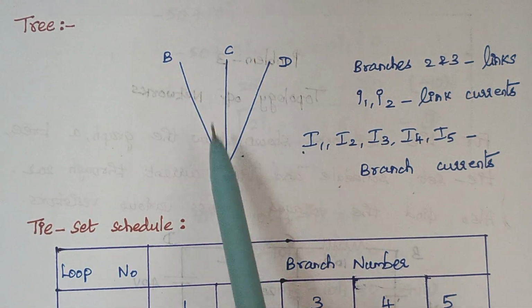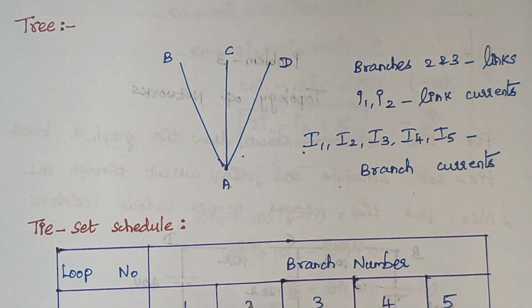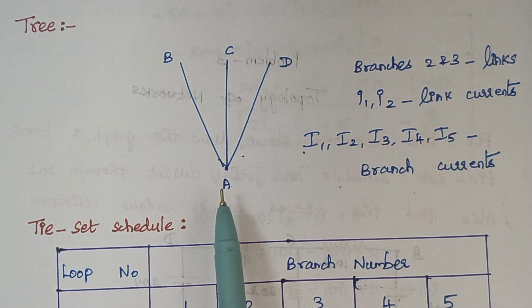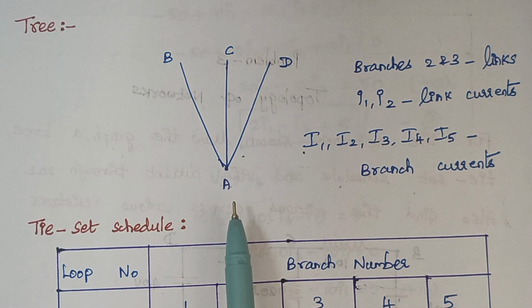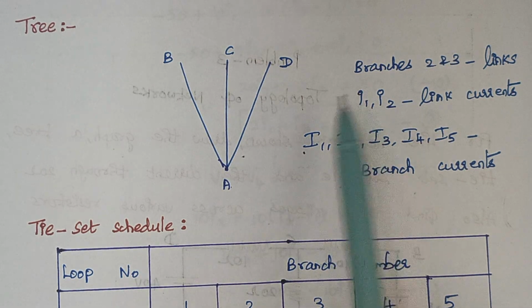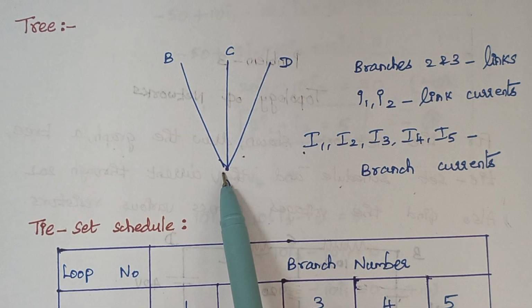Here we are considering AB, AC and AD. Again you have to keep another thing in mind: the tree which we are drawing should never form a closed path. That is much more important. That is a key thing you have to remember while drawing a tree. So AB, AC and AD are the branches.